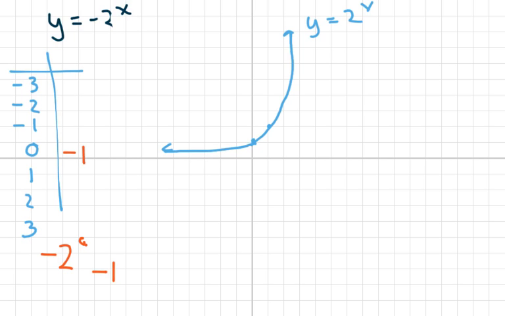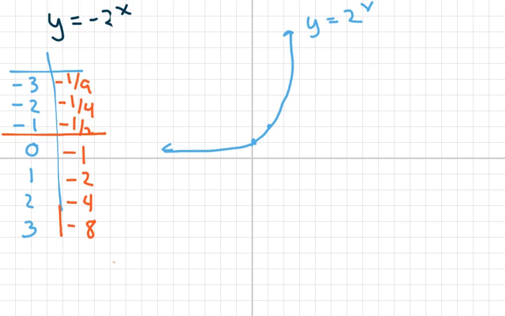And if you go to 1, that's going to be -2. 2 is going to be -4. And 3 is going to be -8. And so you can infer the rest. -1 is going to be -1/2. And -2 is -1/4. And -3 is -1/8.